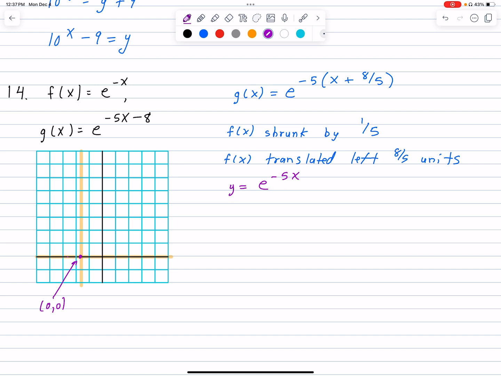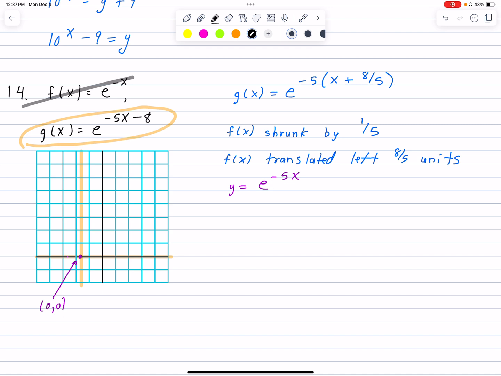So let's go and do that. What I want you to do in this case, I want you to pretend that you were just given this and you were asked to graph it. Just pretend that that's what you were given. This right here, this didn't exist.